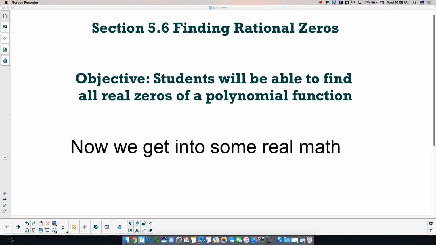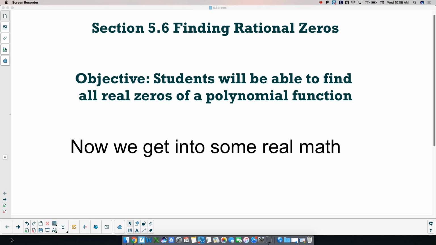So today we are going to start section 5.6, and I love section 5.6 because we finally get into doing real math. None of this stuff where they give us the answer all the time or part of the answer. Nope, we have to go out and find it now.